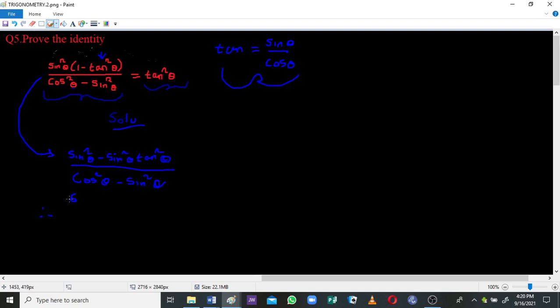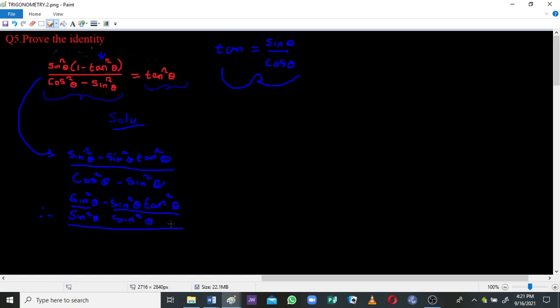So on top we have sin squared theta minus sin squared theta multiplied by tan squared theta, right? Now we divide through by sin squared theta. Remember this is just the numerator. Also here we divide by sin squared theta, so we are done with the numerator.